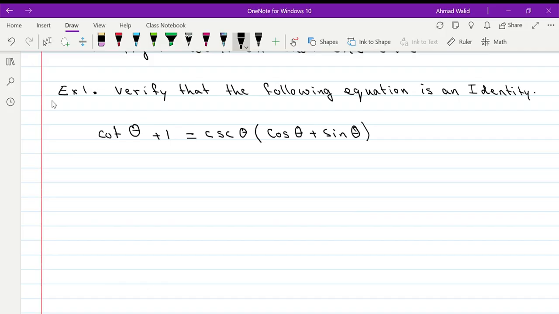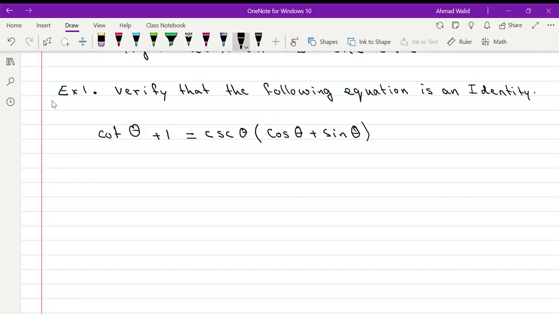In this example, you see one of the sides is really easy. Cotangent plus 1. It's really kind of in a simple form. But look at the right side. The right side, cosecant theta times cosine theta plus sine theta. You have to work with that one to change it. Actually, what's your goal?